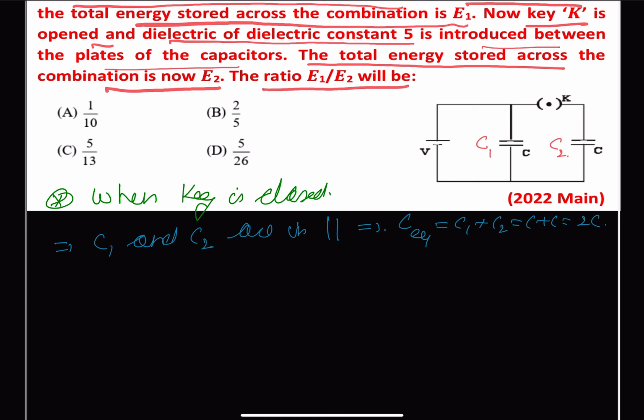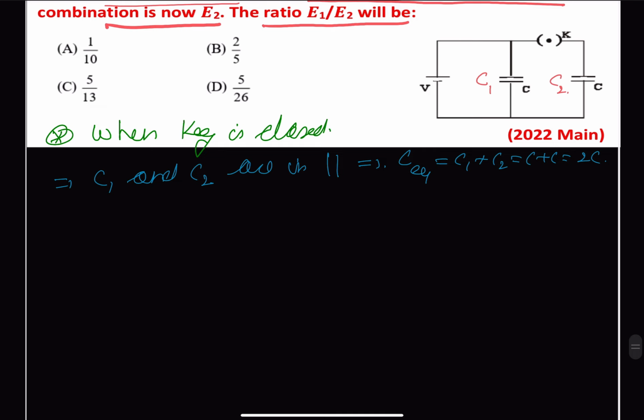And now we can just draw the equivalent circuit. We have a voltage source of V, and we found the equivalent capacitance is C equivalent.